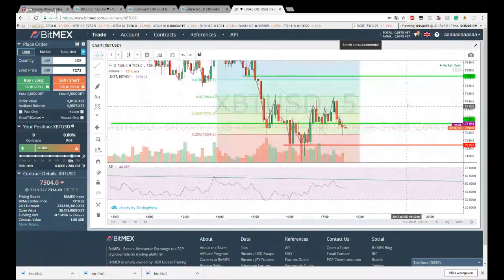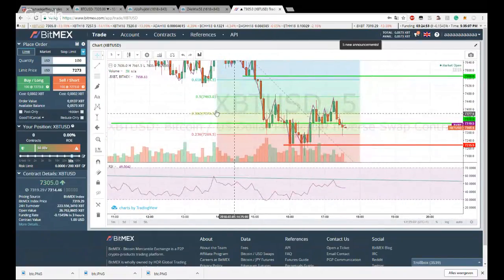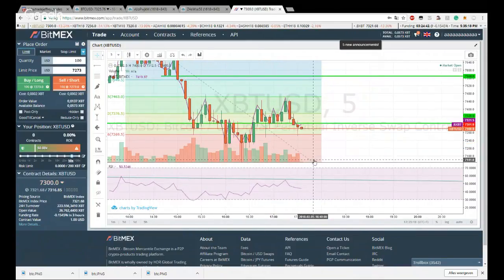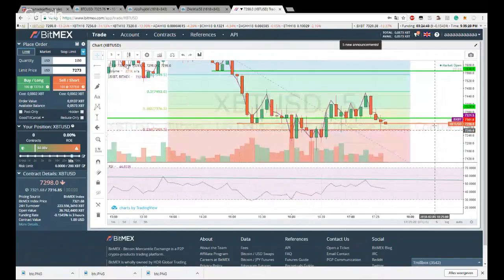That's fun to showcase this for a little bit. I'm a messy drawer though, so excuse my charting. I'm not a great artist.